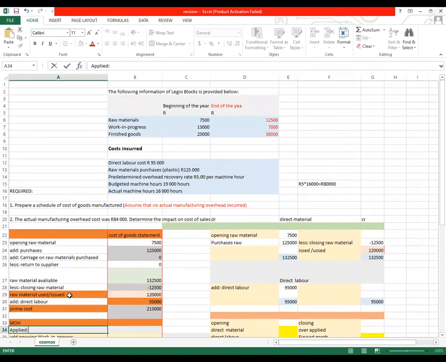How to calculate our manufacturing overhead, guys? I've explained this, and then someone said no, we don't know. And then I explained, guys. The problem is that they give us the manufacturing overhead. We have been given.